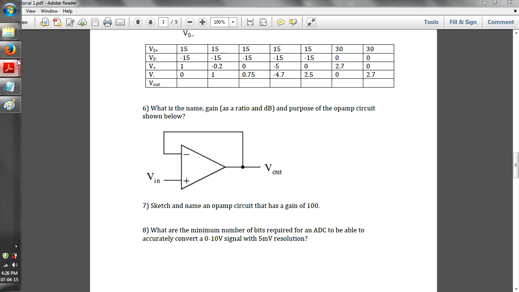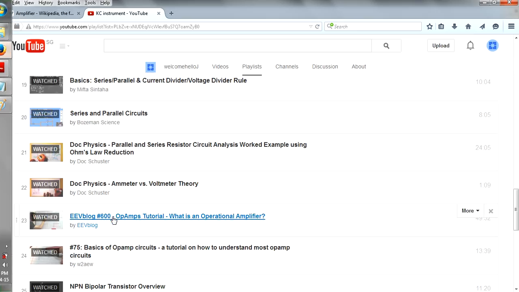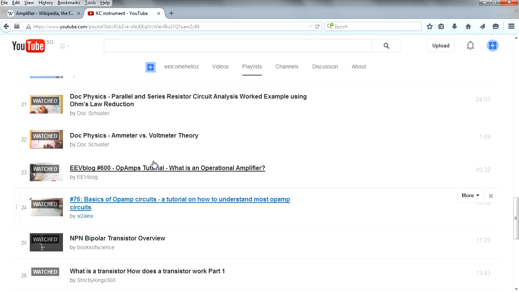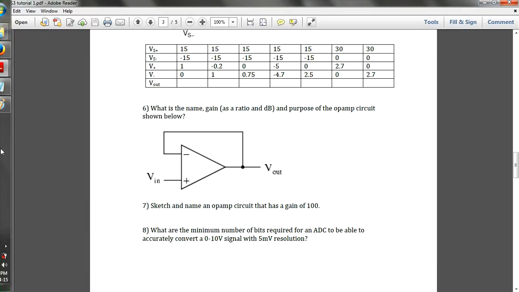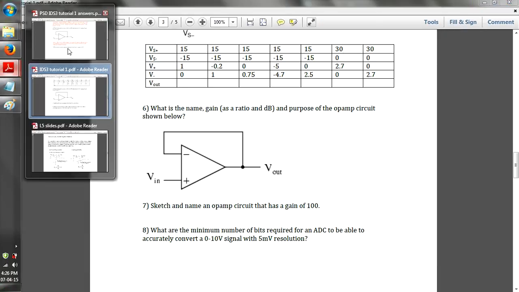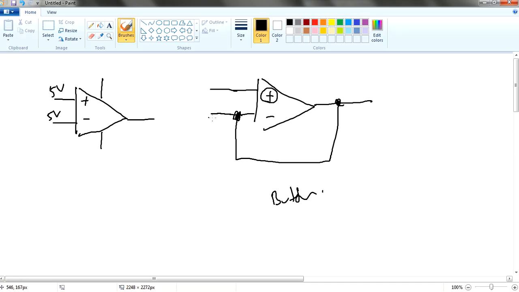But nonetheless, from the video that I showed you earlier, the EV block, if you were to take a look at the op amp itself, let's say this is the input, maybe 5 volt.